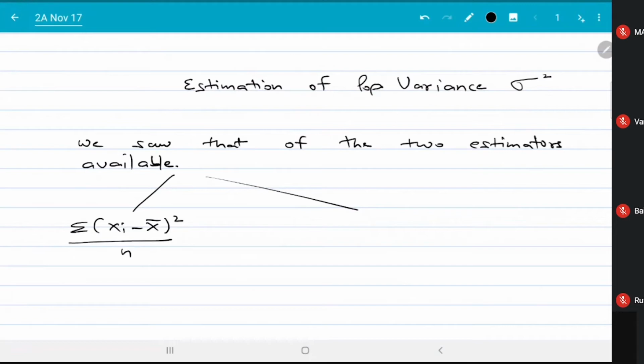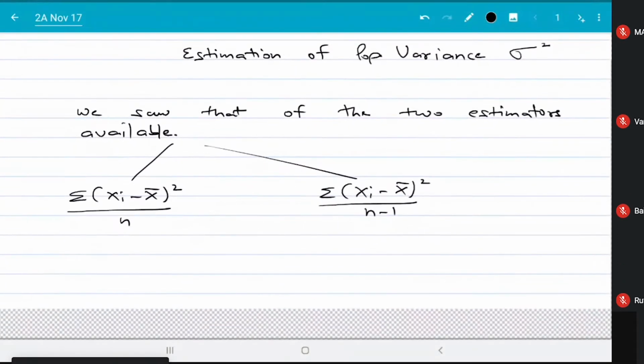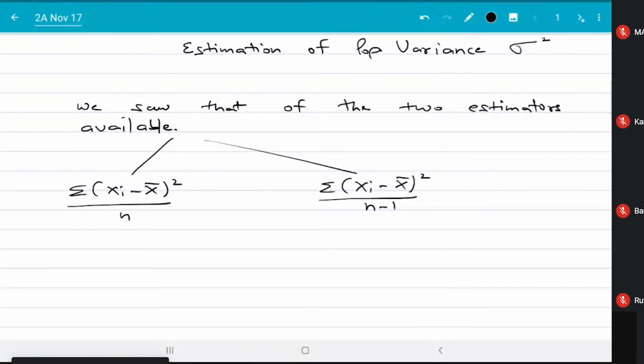The usual application of the formula for variance applied to the sample data, and the other with a modification that the sum of squares of the deviation from the sample mean was divided by 1 less than the sample size.